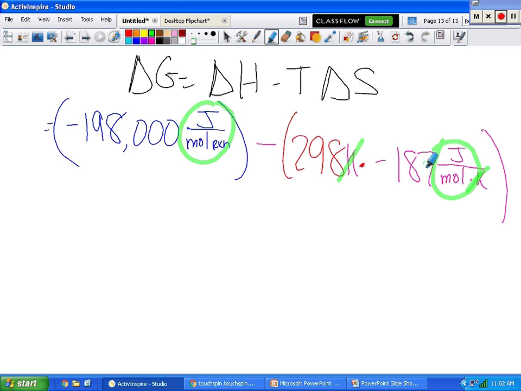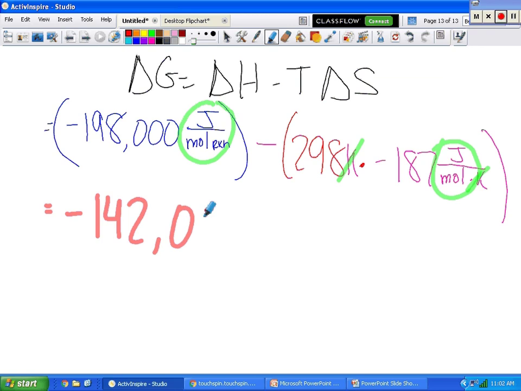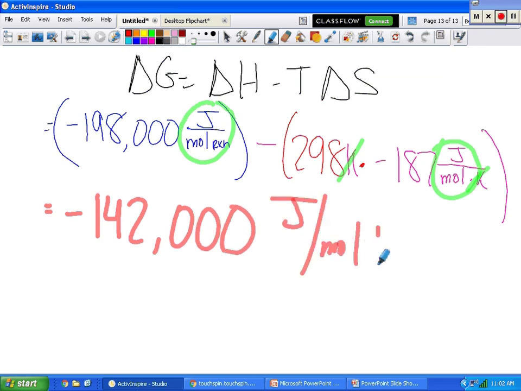And when you finally multiplied and subtracted this off, what was your final answer? Give me joules. Is that right? Yep, very good, sir. Okay, negative 142,000 joules per mole of reaction.